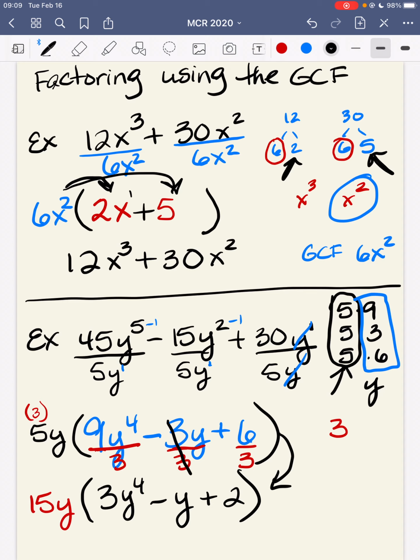If you saw that first and you're laughing at me, that's totally okay too. But let's remember that we don't always see the GCF right away. We see what we see and we pull it out. That's okay. You can always do that. You just might take an extra step to get there, and this is totally okay.